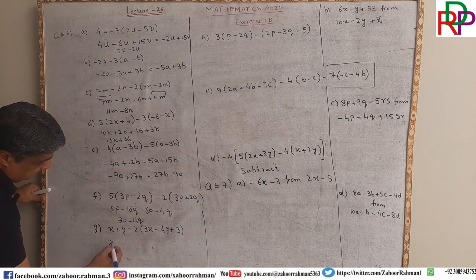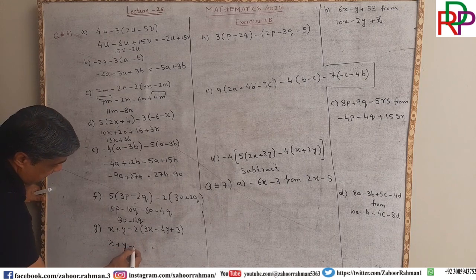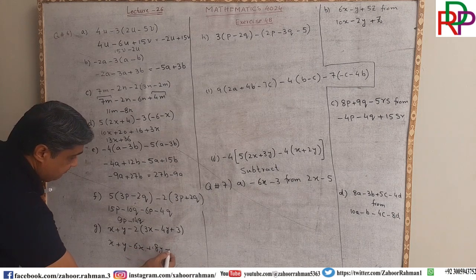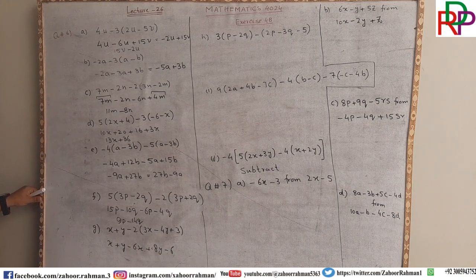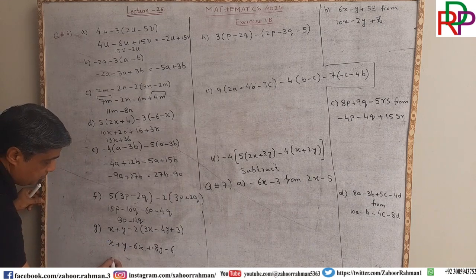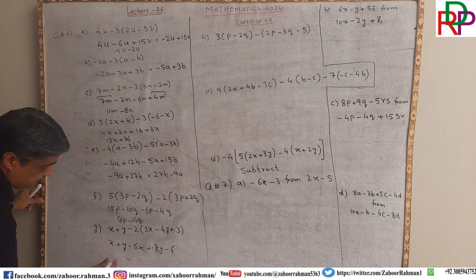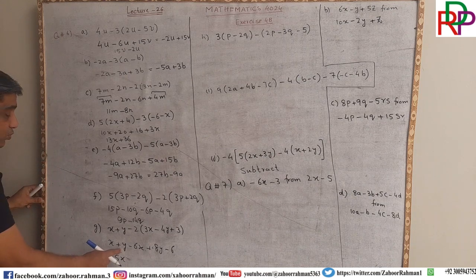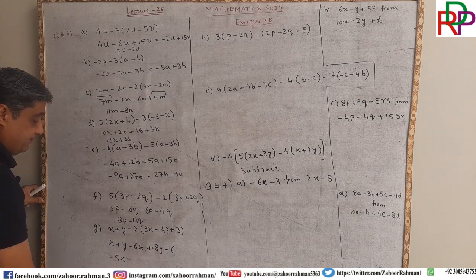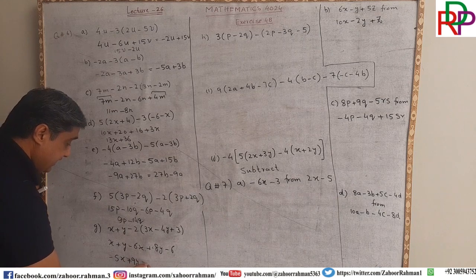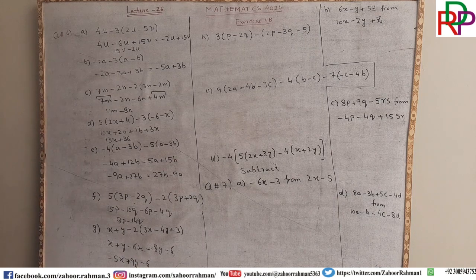I am writing x plus y minus 6x plus 8y minus 6. Now we have to add x with x. It will give you minus 5x. Y with 8y will give you 9y, and minus 6 is a constant one, so it will come in its place.